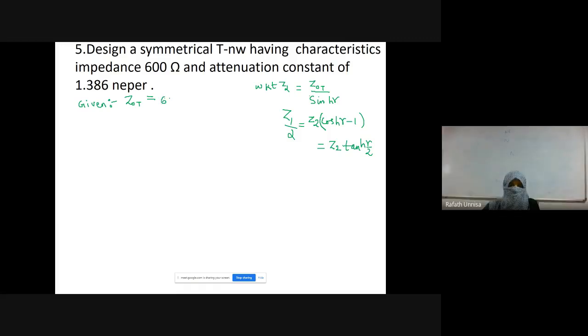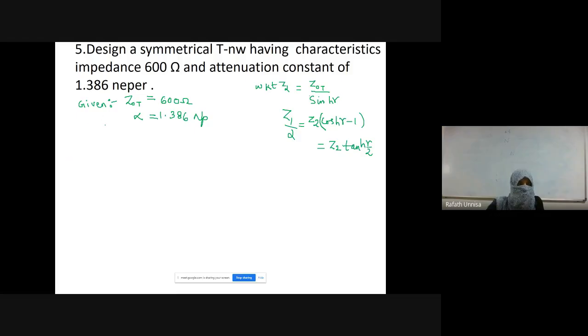In the question, ZOT is given to be 600 ohms, and the next value is given in Nepers. The attenuation constant, with the notation alpha, equals 1.386 Nepers. We can write Neper in short form as capital N and small letter p.